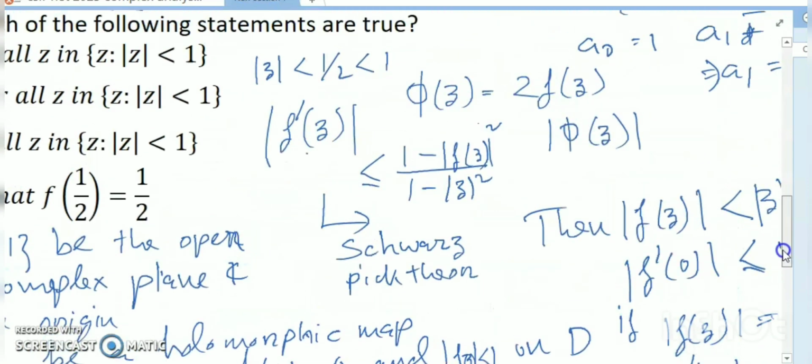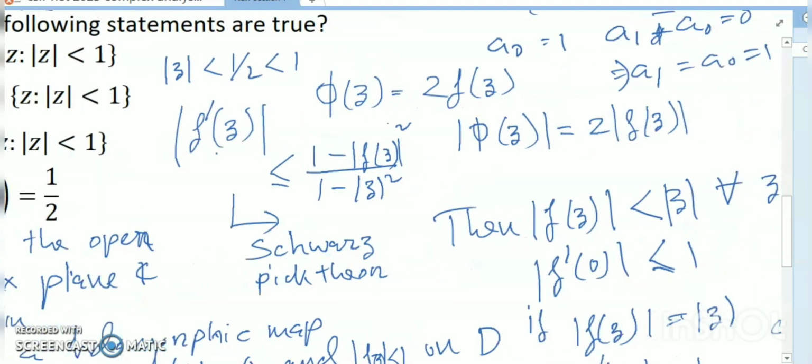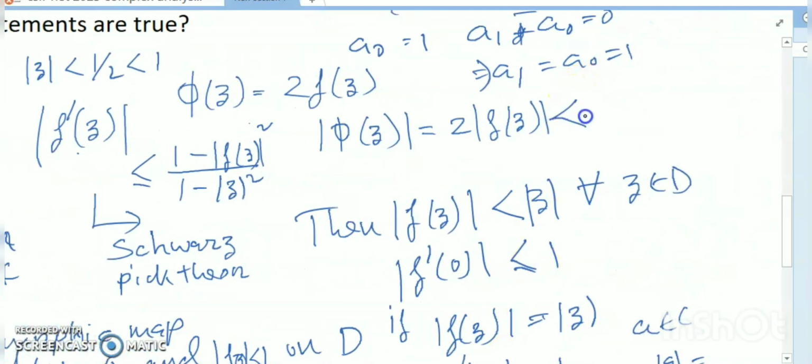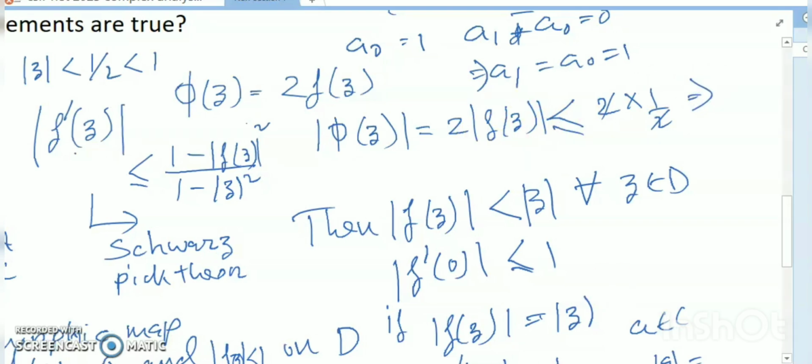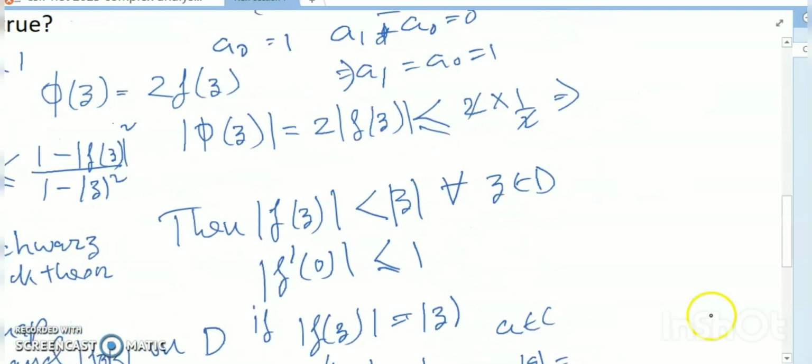So mod of phi(z) equals 2 times mod of f(z), and this value is 2 into half. So mod of phi(z) is less than or equal to half.